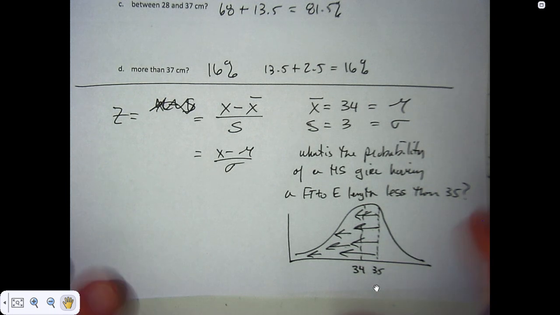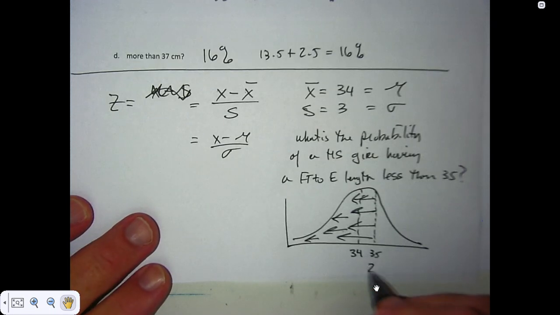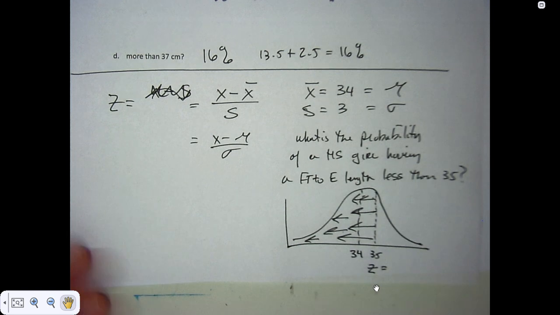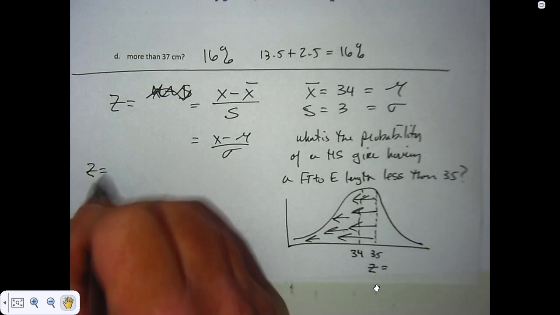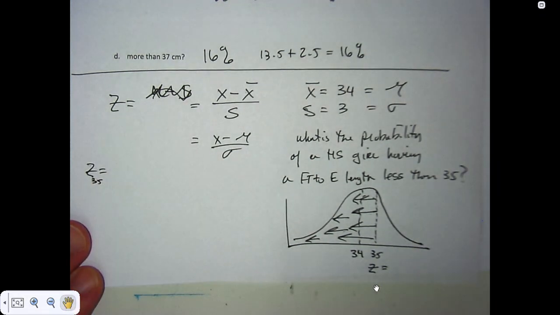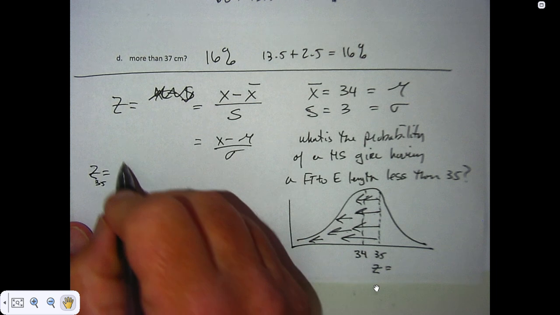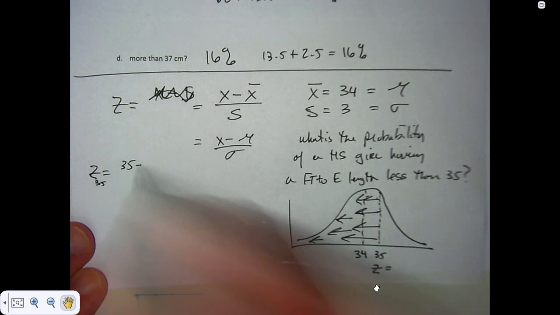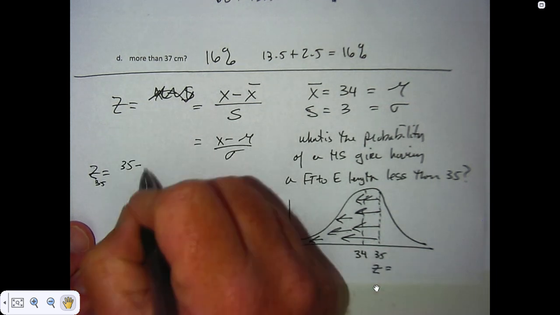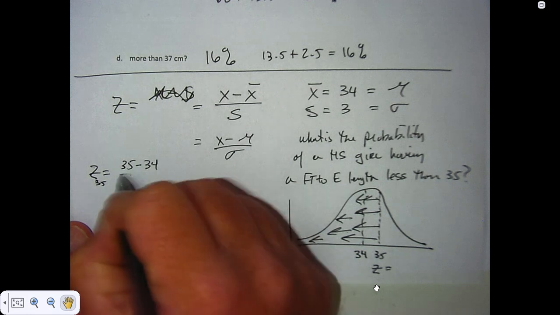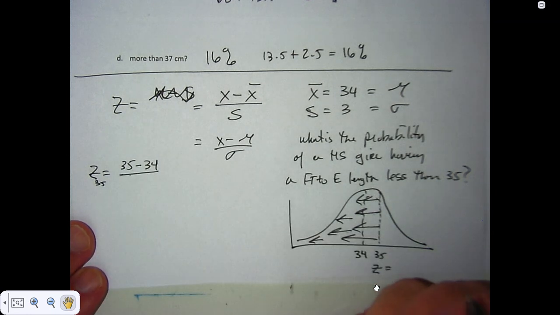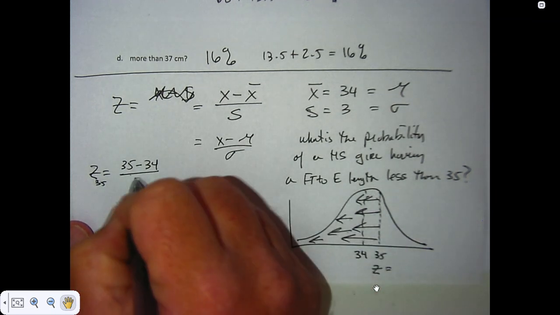So let's find our z-score for 35. So my z-score for 35 is going to be my x. Well, the x I'm talking about is 35. So that's the data we've been given. The mean for this distribution is 34, and the standard deviation is 3.